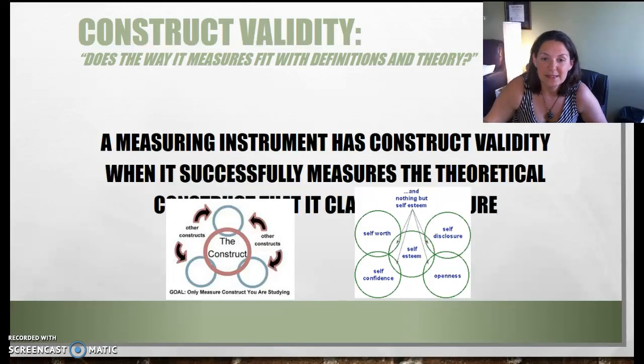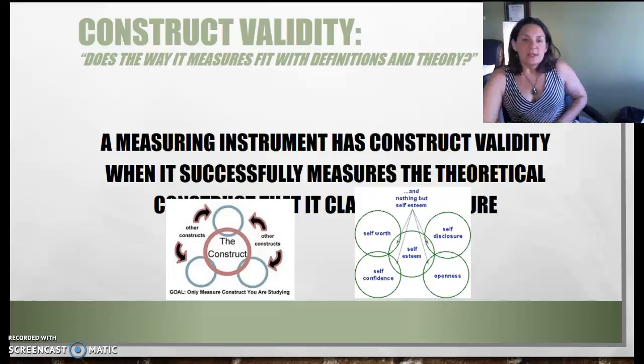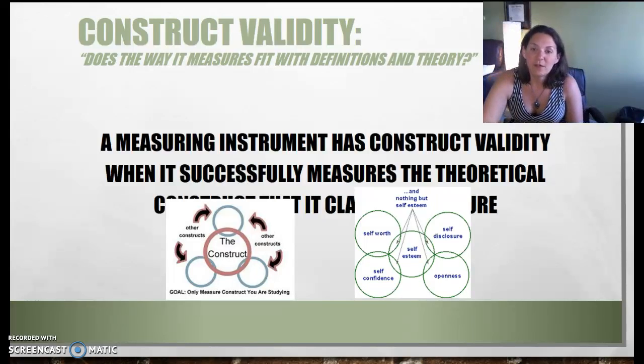And then lastly, something called construct validity. Construct validity is pretty complicated. I'm just going to briefly mention it here, but it asks the question, does the way it measures fit with definitions and theory? In other words, is the way that the survey or instrument is designed measuring whatever the variable is the way that the researcher has described it?